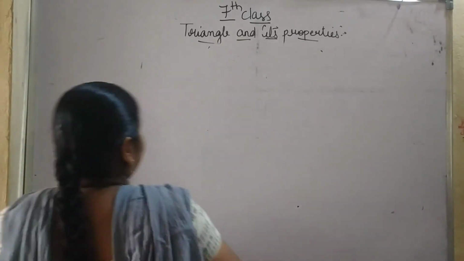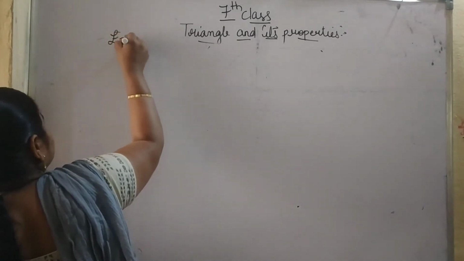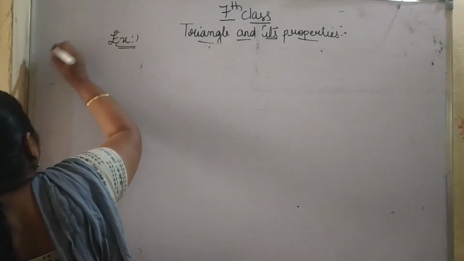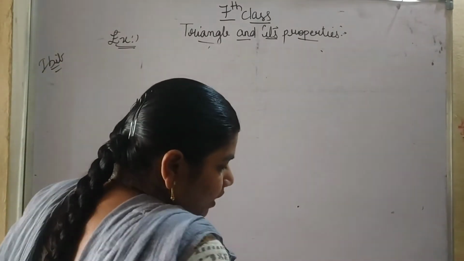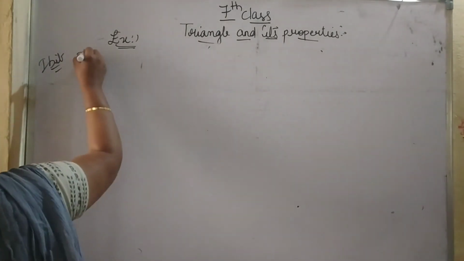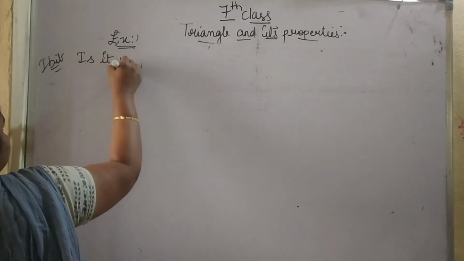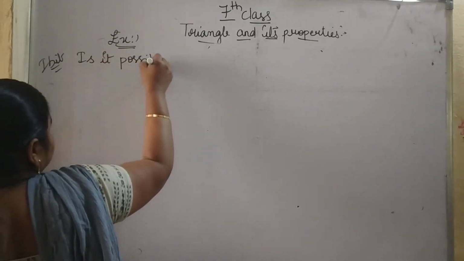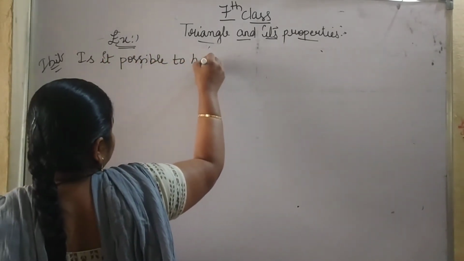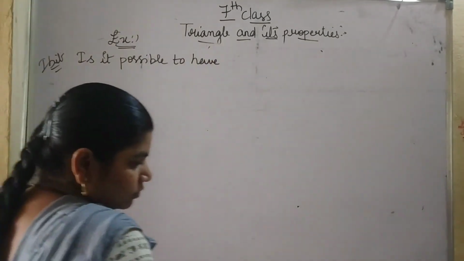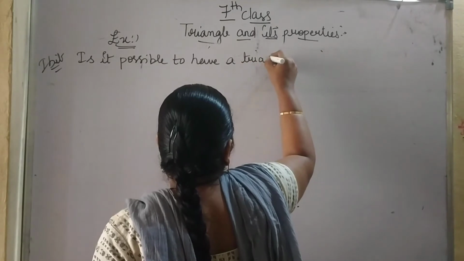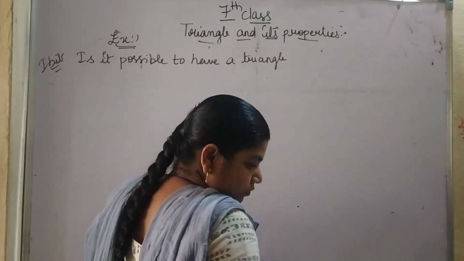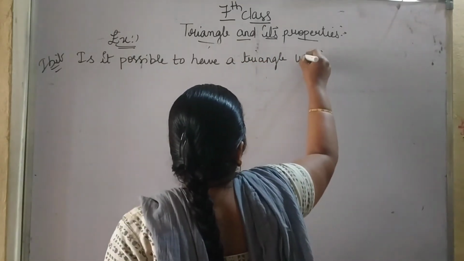Is it possible to have a triangle with the following sides?